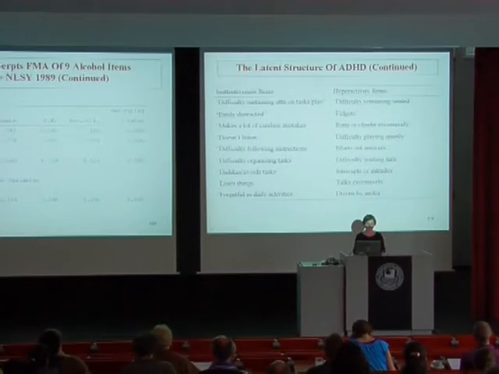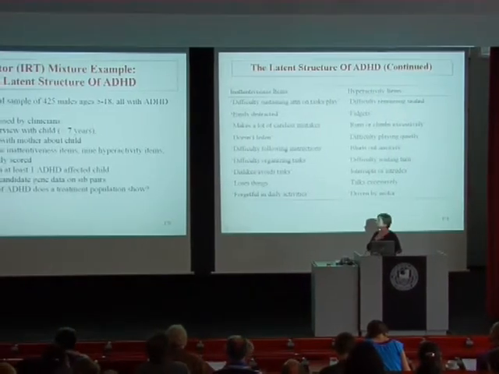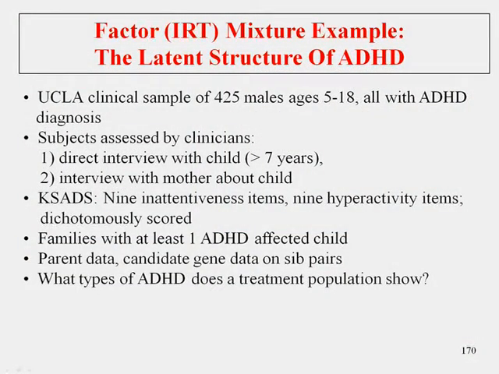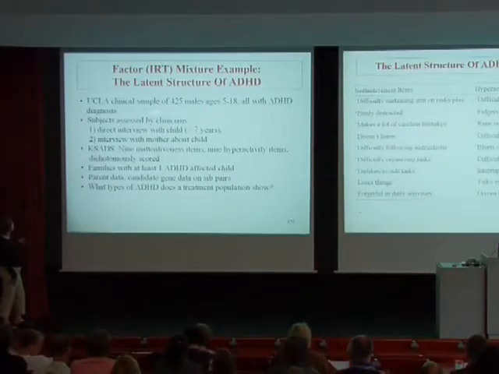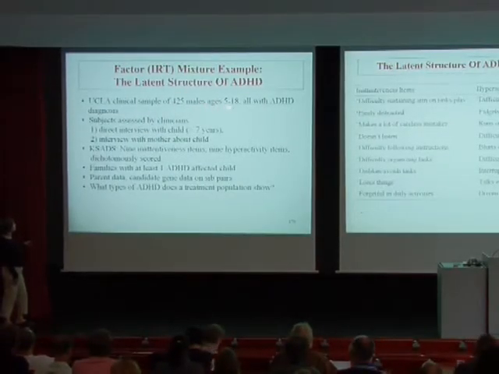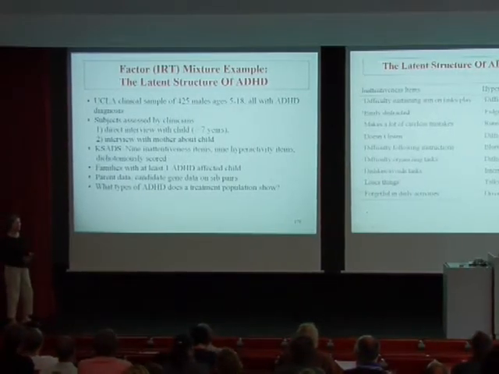We're going to now look at another example of this type of analysis. This is an analysis that Bengt alluded to before, but this is a UCLA clinical sample Bengt has worked with of 425 males ages 5 to 18, and they all have been diagnosed with ADHD.